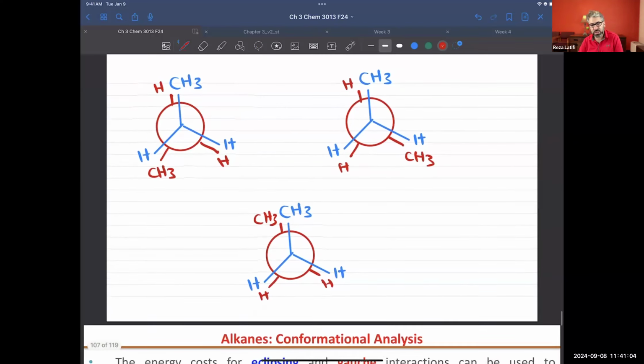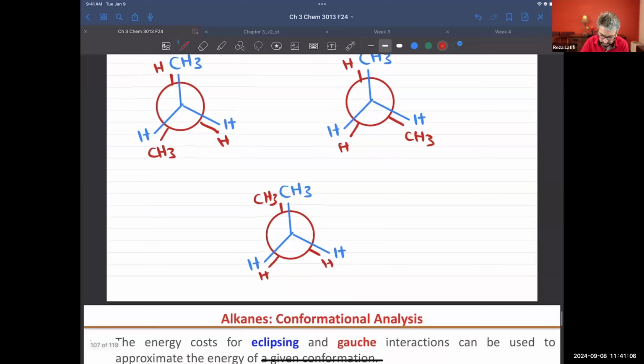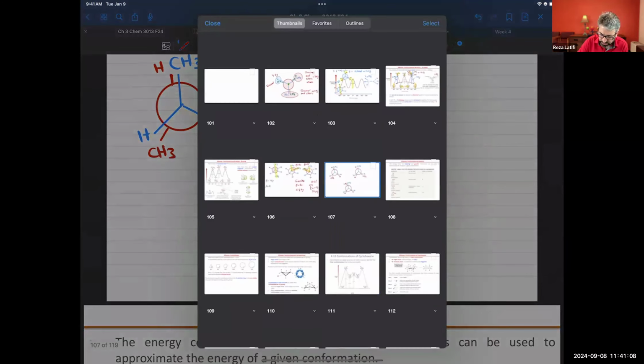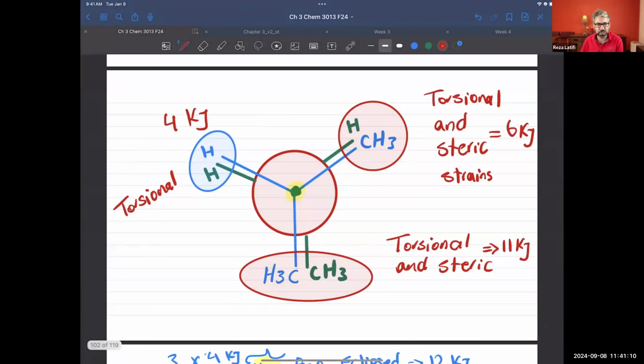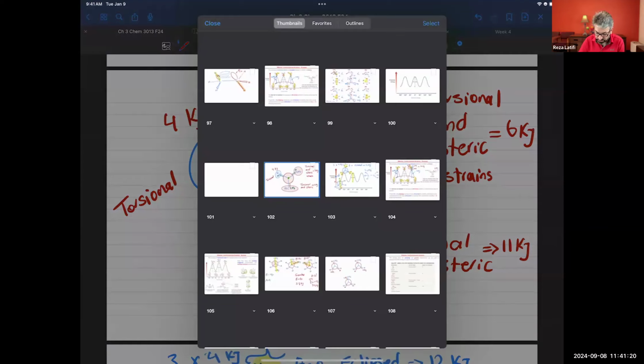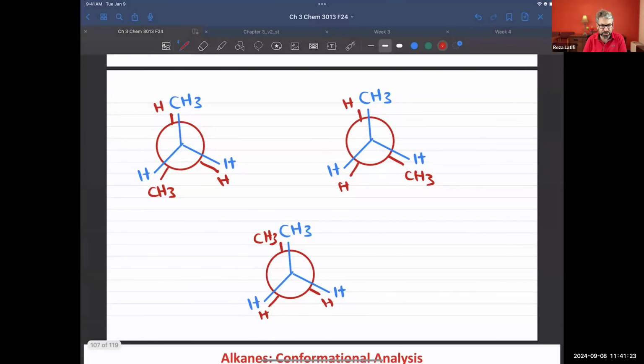Let's talk about their energies. Based on the diagram that I presented at the beginning, HH is 4 kilojoule, H-CH3 is 6, and methyl-methyl will be 11. Keep this in your mind. Now let's go after the energies.